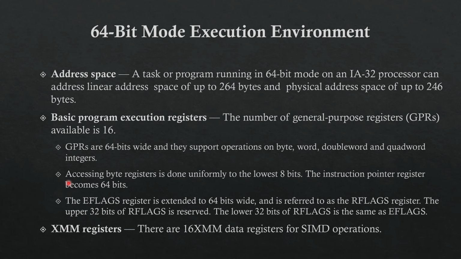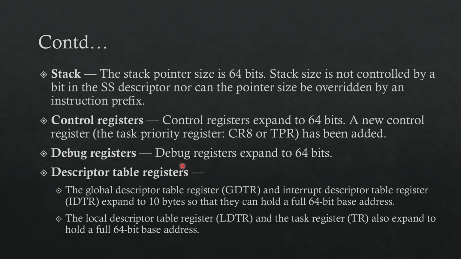And there are XMM registers also. Over here, there are 16 XMM data registers for SIMD operations. So what are XMM registers? Actually, these are a set of 128-bit registers in x86 processors, which are primarily used for SIMD operations.